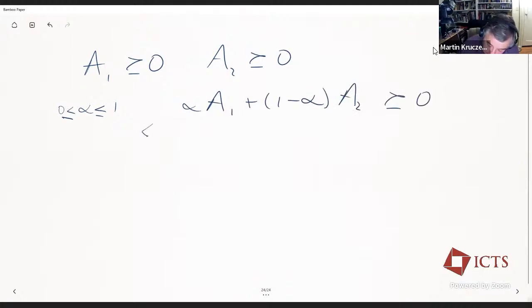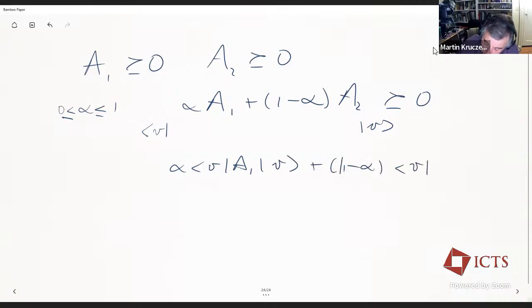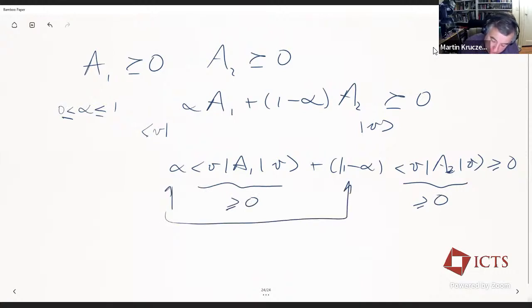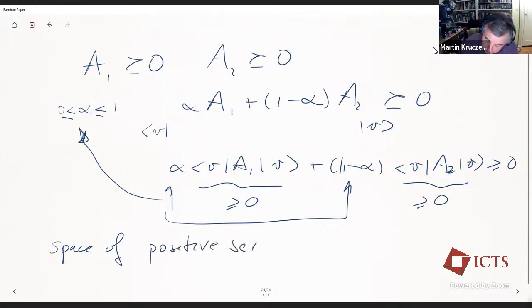I take the mean value in some state V, and then I get alpha times V A1 V plus 1 minus alpha times V A2 V. And this is positive because A1 is positive definite, and this is the same because A2 is positive definite. And both alpha and 1 minus alpha are positive. That means that the space of positive definite matrices, or semi-definite, is convex.